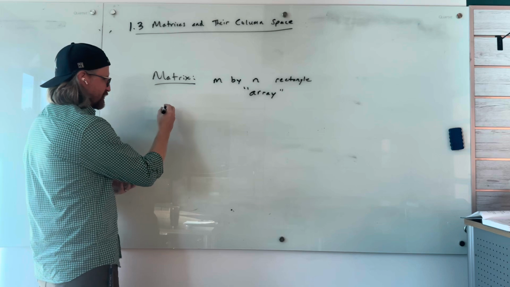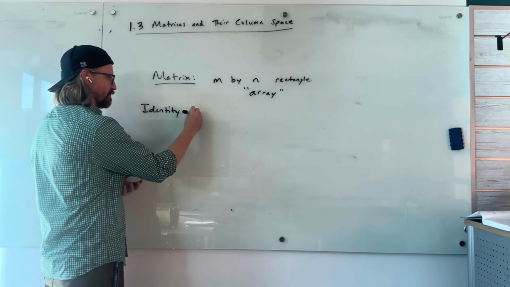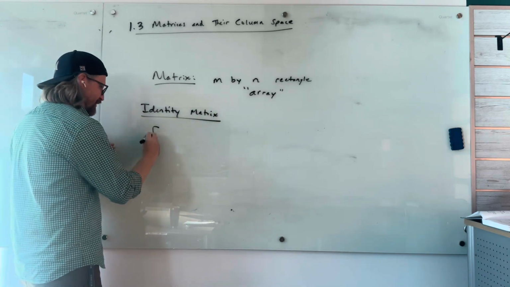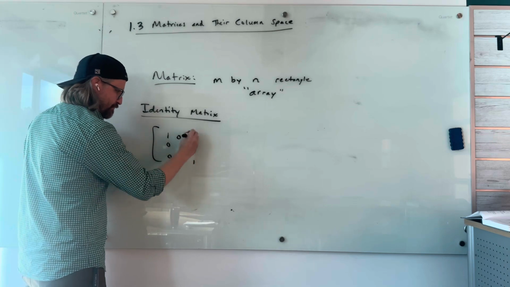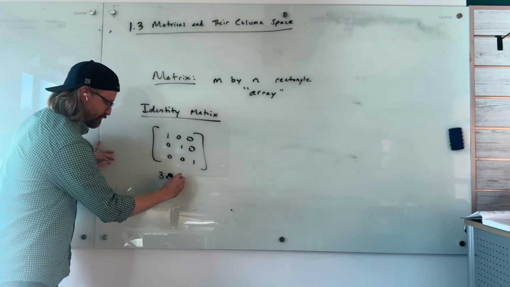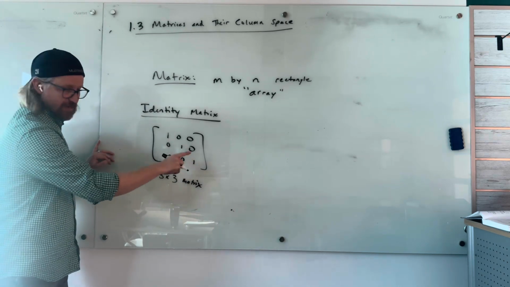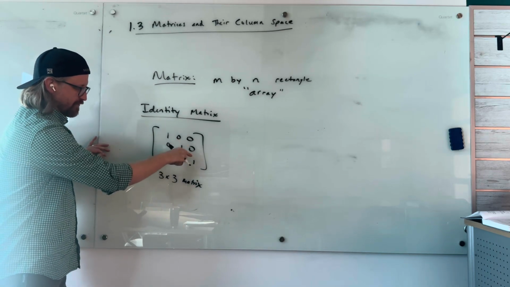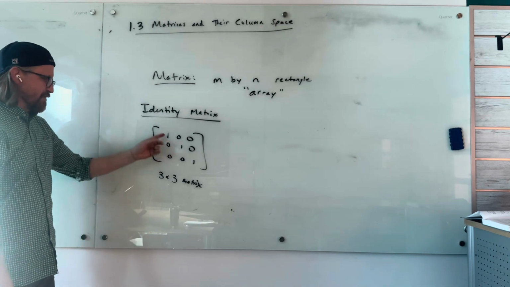So let's say we had something called the identity matrix, which I referred to in previous videos, specifically looking at what is referred to as a 3 by 3. This is a 3 by 3 matrix. It is called the identity matrix because along the main diagonal we have entries of 1, and there are 0 entries above and below the main diagonal.